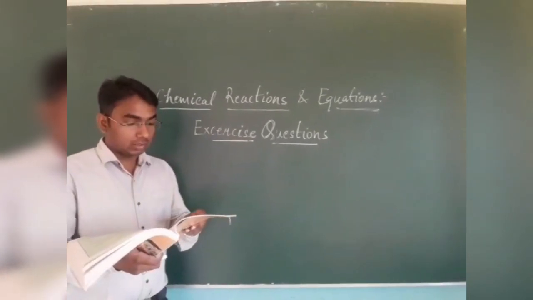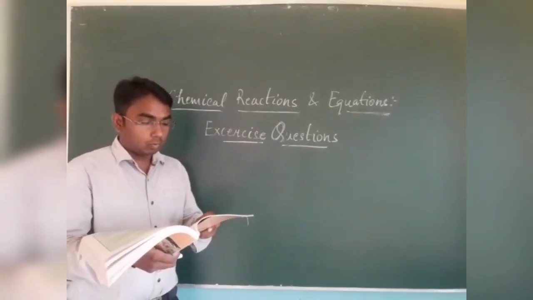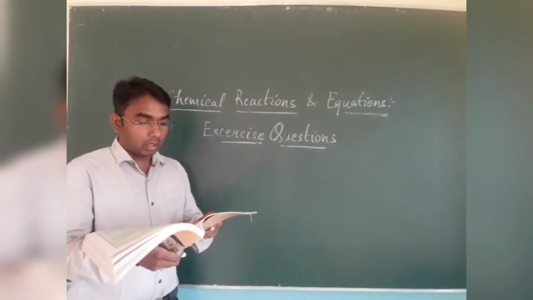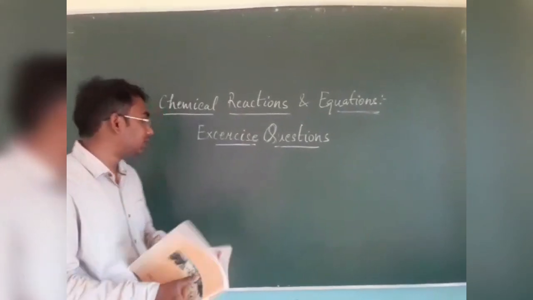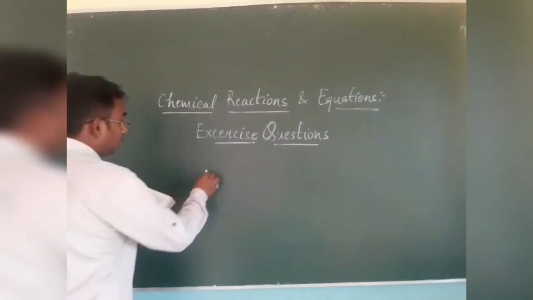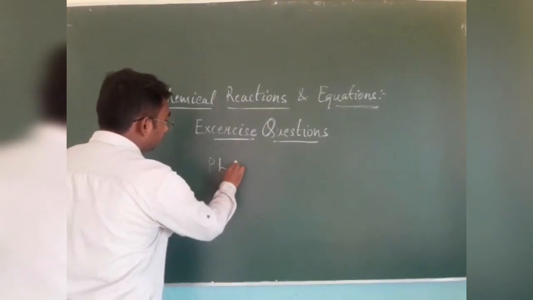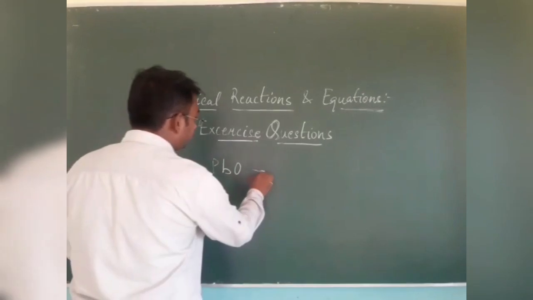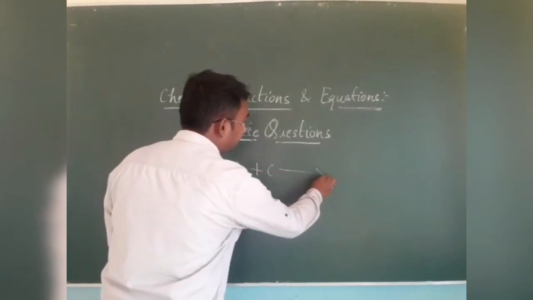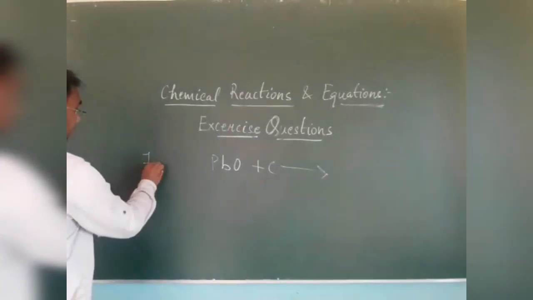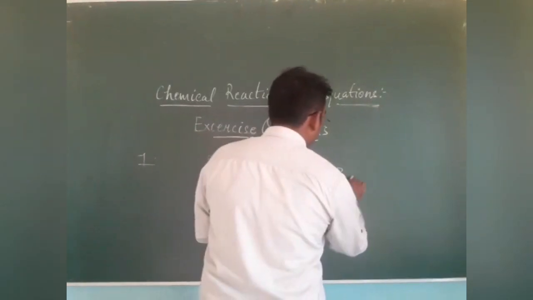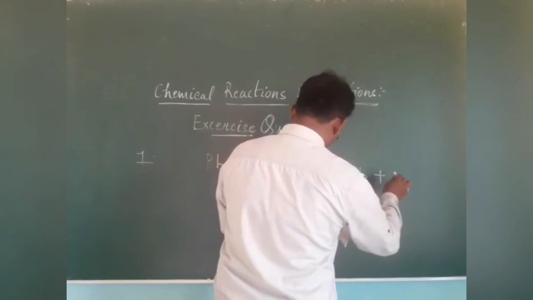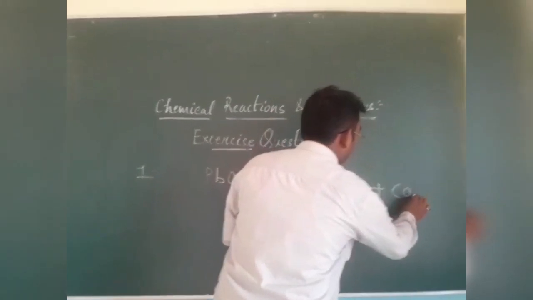Now the very first question is, you may go through your book also, which of the statements about the above reactions are incorrect. One reaction is given as follows: PbO, lead oxide, plus carbon gives Pb, 2Pb, plus CO2.